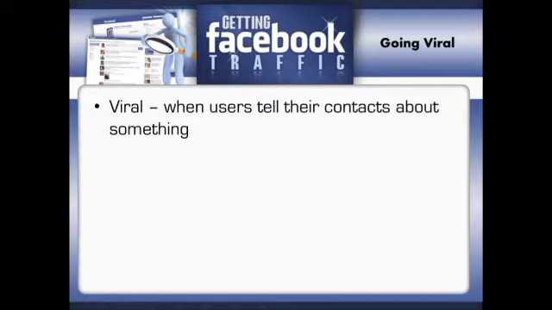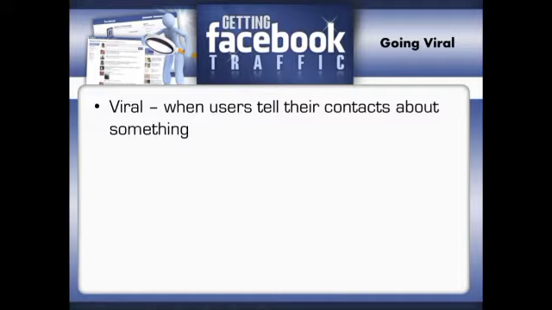Because it could start out with me seeing something and going, wow, that's cool. And then I tell my buddies about it. Maybe I've got 500 friends on Facebook. Of those 500 friends, maybe 50 of them want to tell other people about it, and they've all got 3, 4, 500 friends. Okay, you can see what happens there.